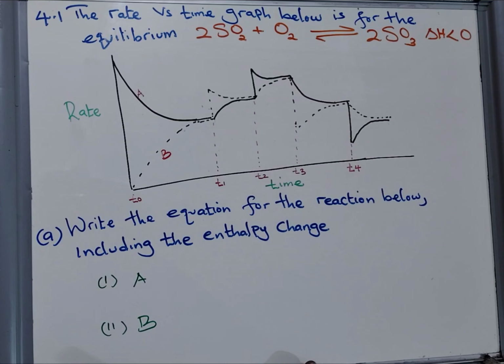Okay. So the first one is A. A is this reaction. We are looking at this graph when the reaction is being timed from the start. So why do we say start?